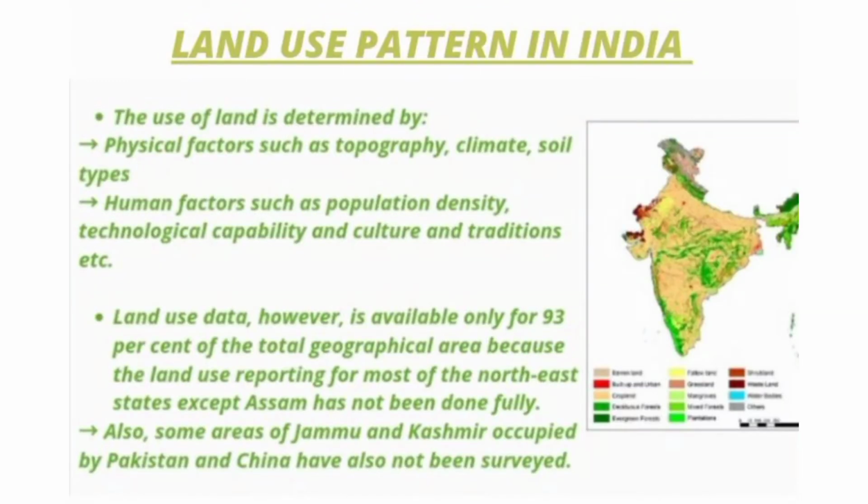Land use pattern in India. The use of land is determined by physical factors such as topography, climate, and soil types, and human factors such as population density, technological capability, and cultural traditions, etc. Land use data, however, is available only for 93% of the total geographical area because the land use reporting for most of the northeast states except Assam has not been done fully.